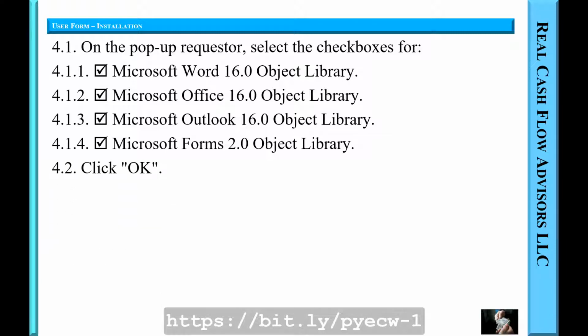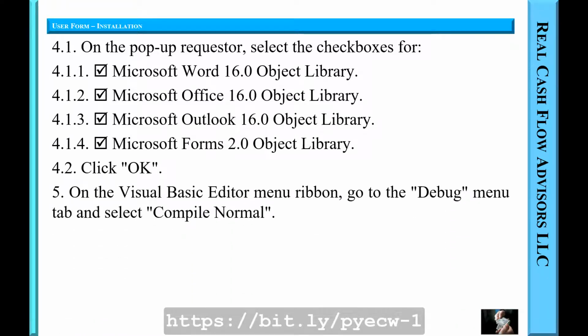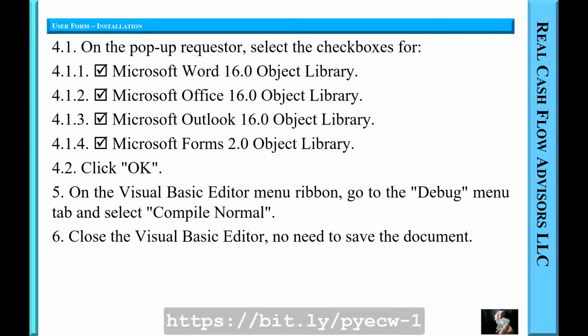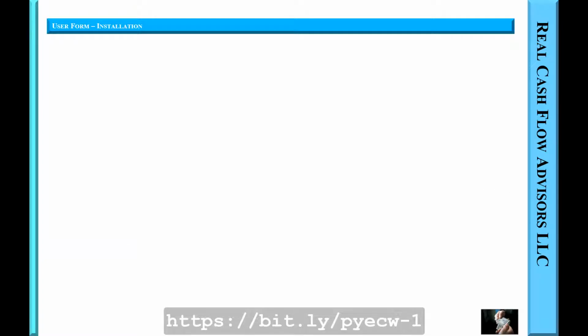Click OK. On the Visual Basic Editor menu ribbon, go to the Debug menu tab and select Compile Normal. Close the Visual Basic Editor. No need to save the document.